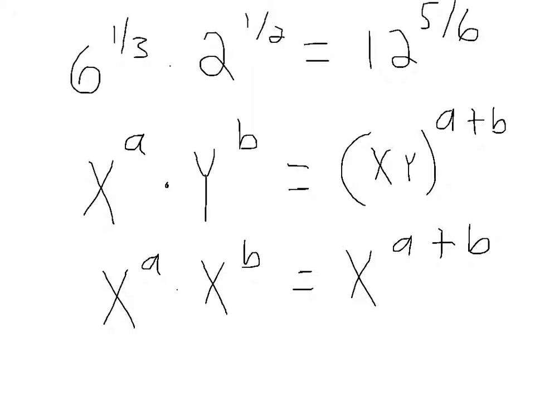So there's the mathematical reason for why 6 to the 1/3 times 2 to the 1/2 is not 12 to the 5/6. And of course, alternatively, we saw earlier, using the calculator, that 6 to the 1/3 times 2 to the 1/2 does not equal 12 to the 5/6.